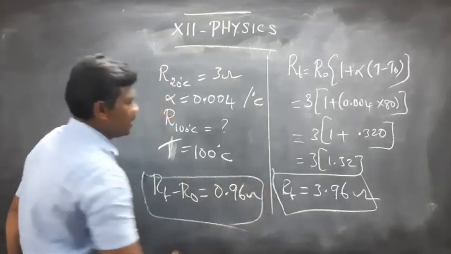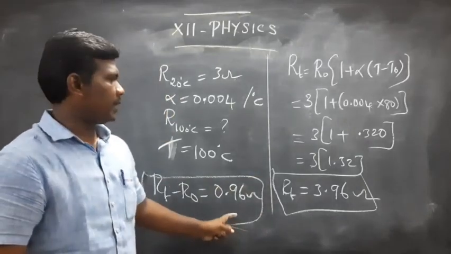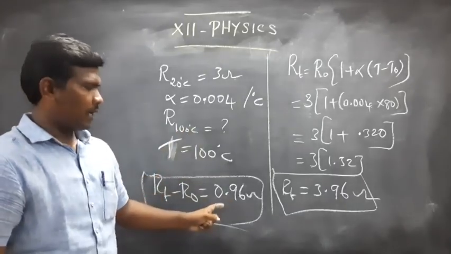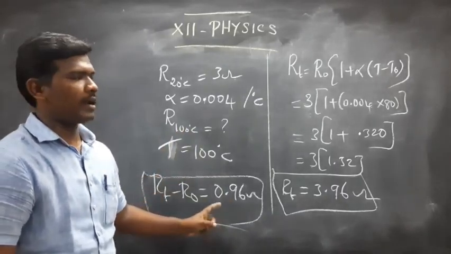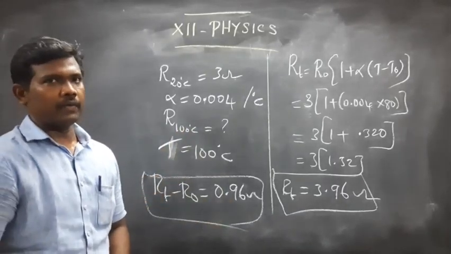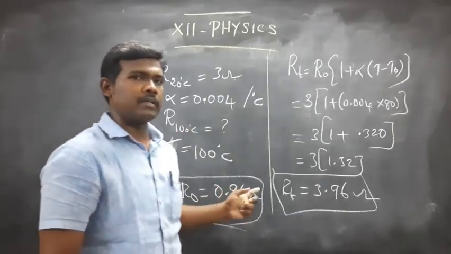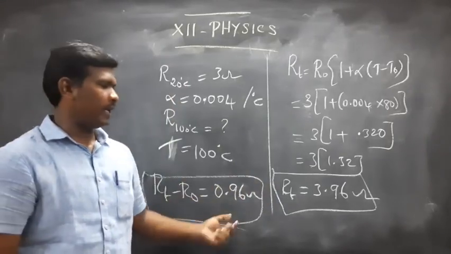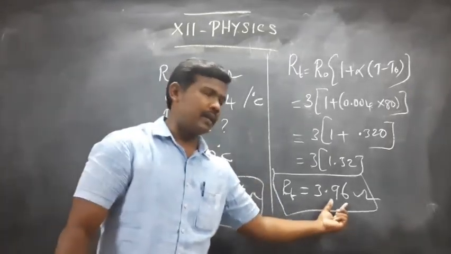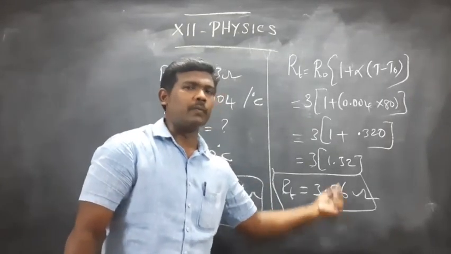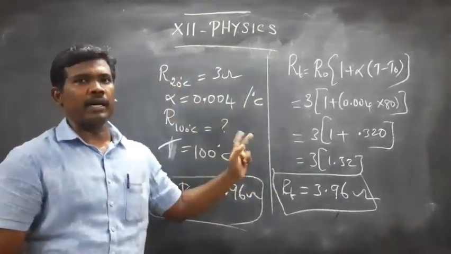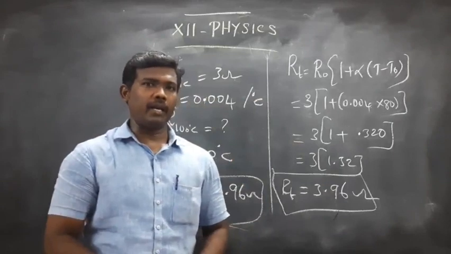That much resistance increases when you raise the temperature to 100 degrees Celsius. So definitely this coil is a conducting material, because you know the concept: if the temperature rises, the resistance of a conducting material increases. Here we get a greater value than the initial case, so the coil is a conducting material.